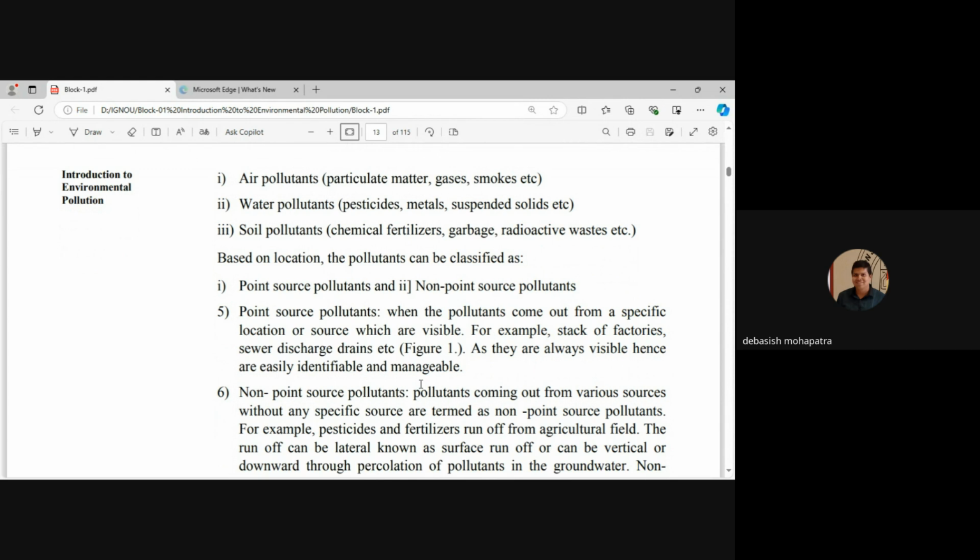Then non-point source. Pollutants coming out from various sources without any specific source are termed non-point source. For example, pesticide and fertilizer runoff from the agricultural field.